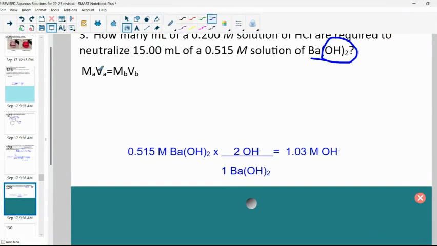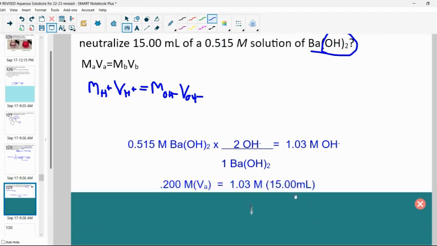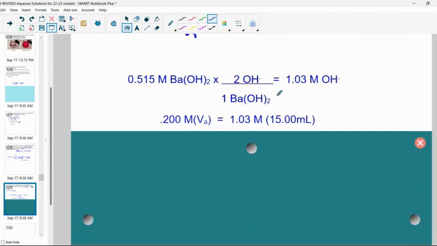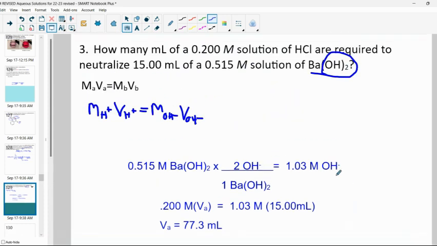We said earlier, a better way to think of this, instead of moles of acid equals moles of base, MAVA equals MBVB, is to think about really our H positives equaling our OH minuses. So we're still going to plug everything in the same way, except we factor this OH, and we're going to double our concentration of the hydroxide ions, and then I can solve it and get 77.3 milliliters.